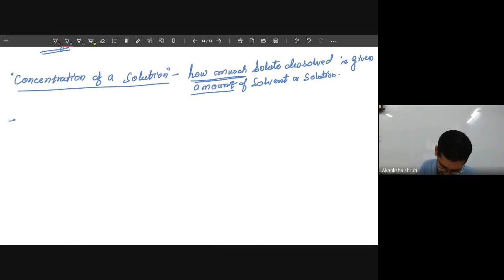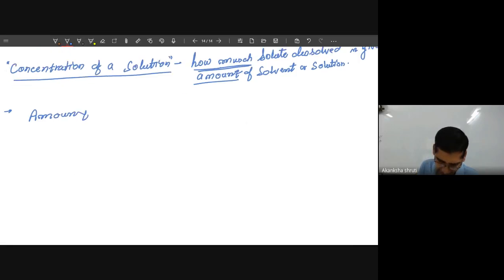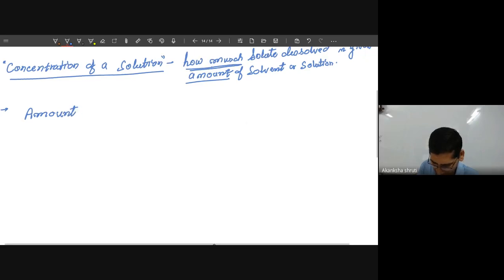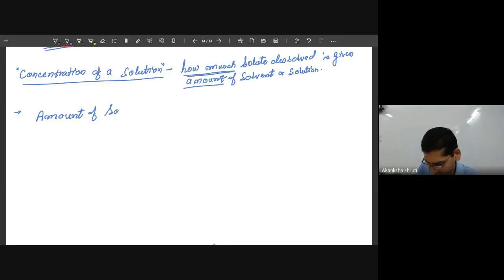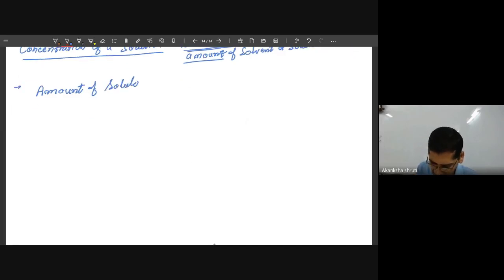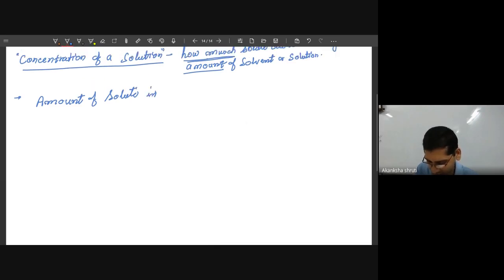So concentration is defined as the amount of solute in a given amount, or per unit, of solvent, or one may use the solution also. Sometimes the given amount is defined as per unit, that we have learned in physics.